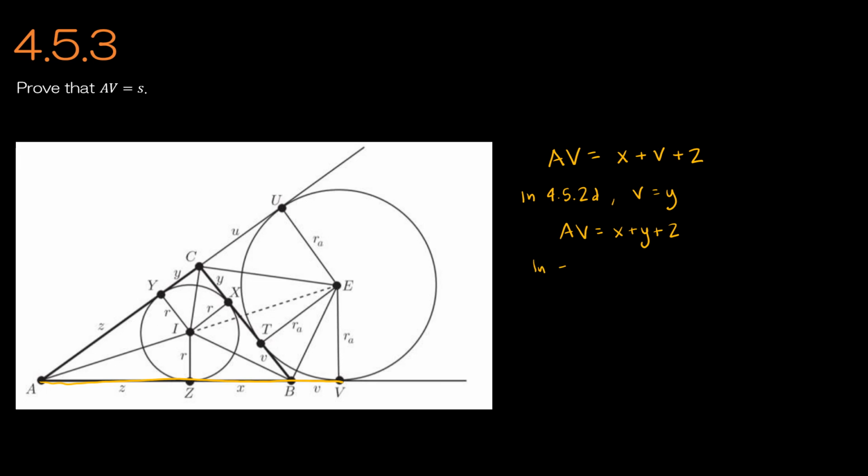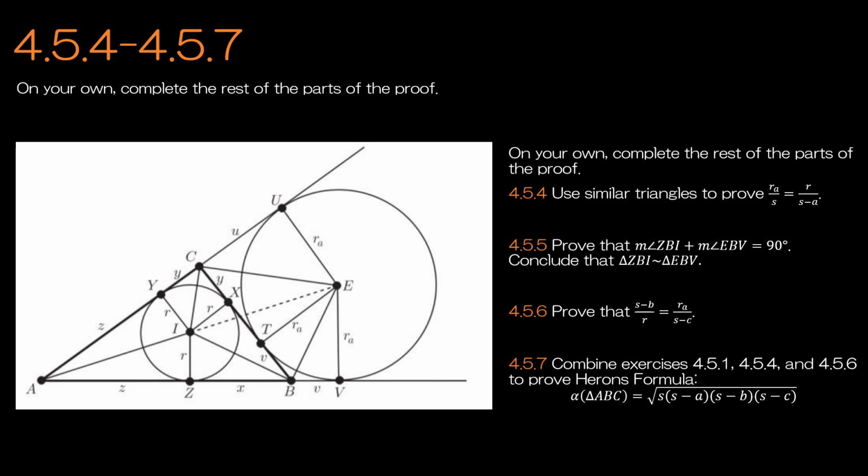In 4.5.2a, we said x plus y plus z is equal to s, so again by substitution, AV is equal to S. There are 4 more parts of this proof, and you are to complete them on your own.